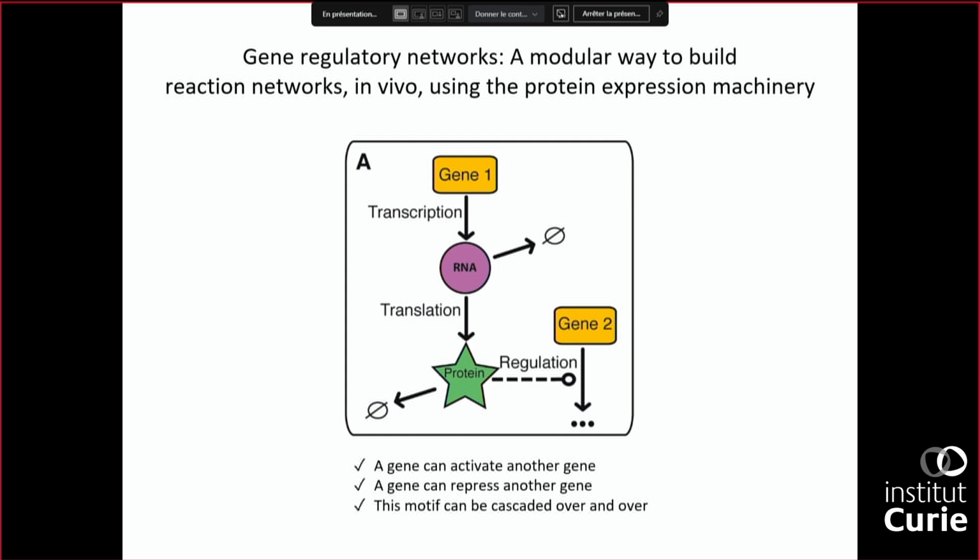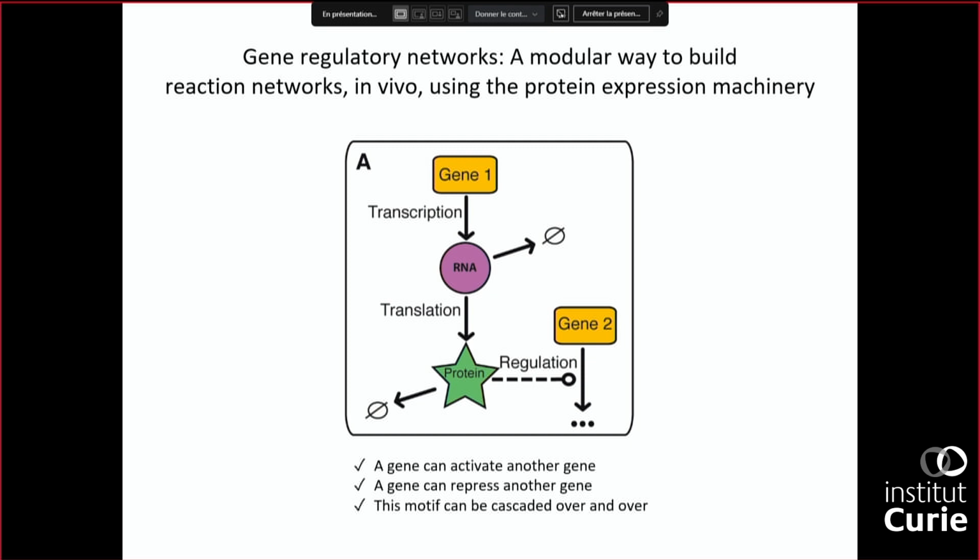And this regulation typically works by having this protein bind close to the position on the genome where the other protein is encoded. By binding, it can affect the process of transcription, for example.